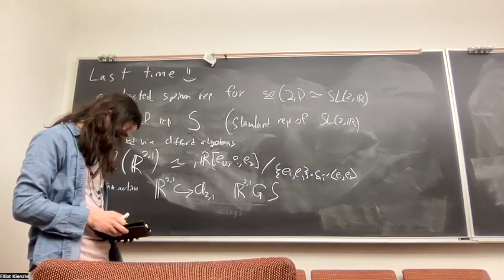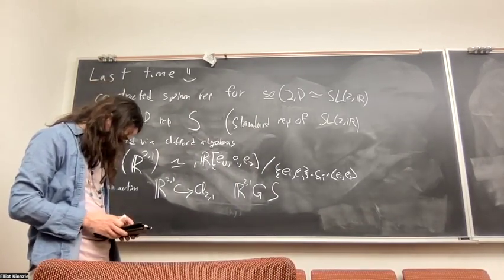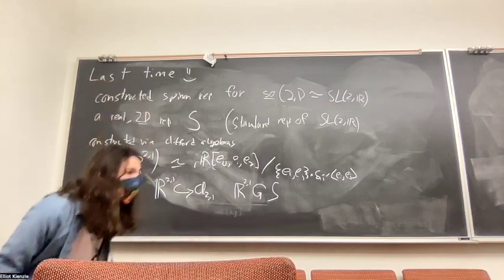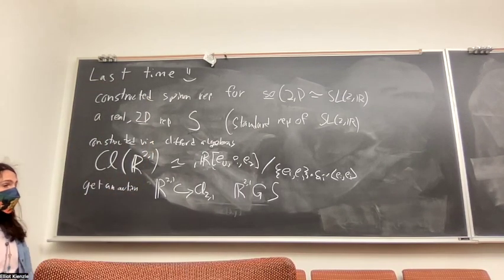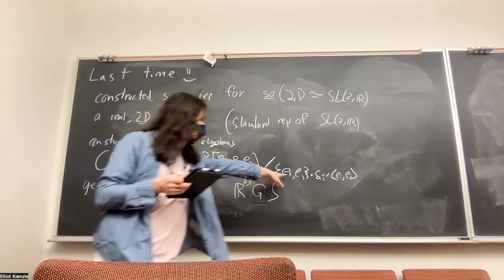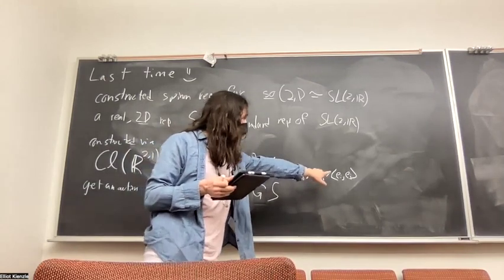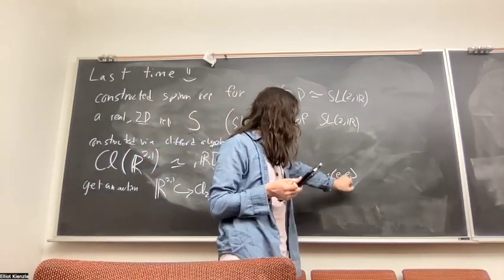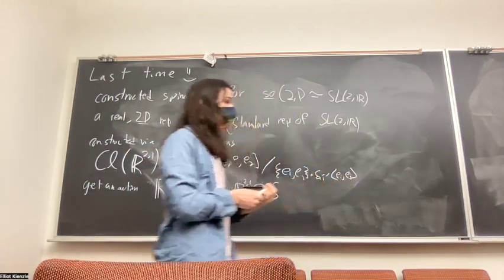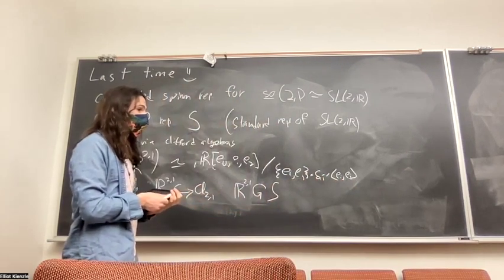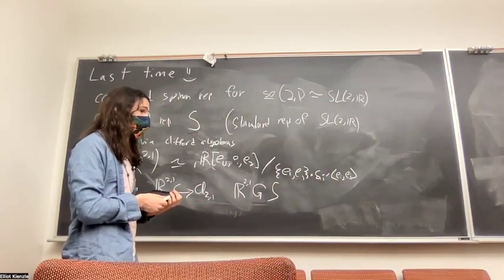Sorry, wait, did I get this right? Let me check. This anti-commuting thing only works for i and j, but e_i squared is the norm. So e_i times e_i is equal to the norm of e_i, or isn't it e_i plus e_i? Yes, exactly.